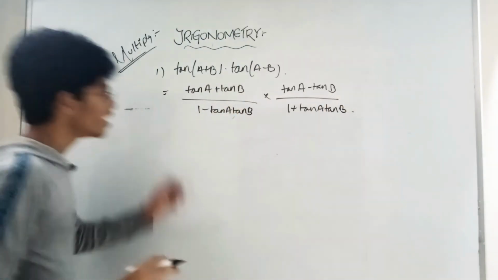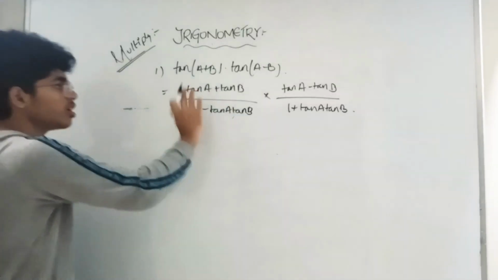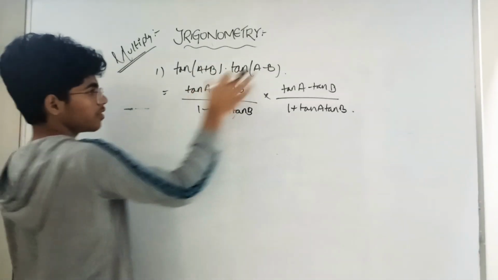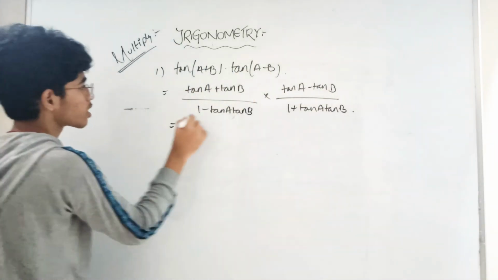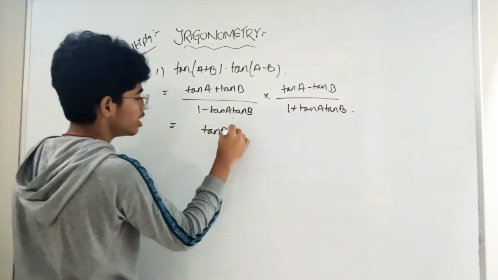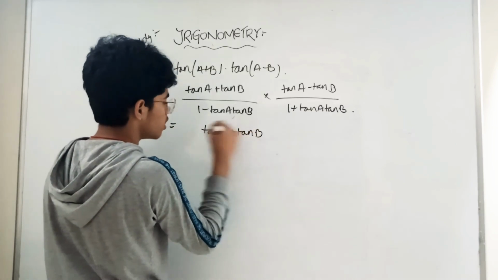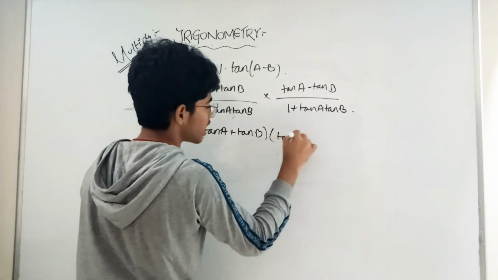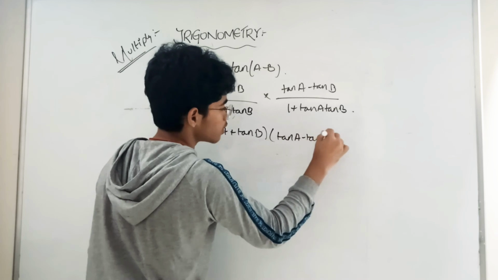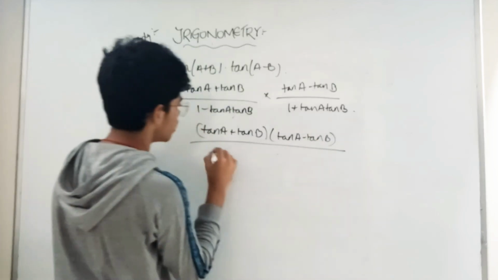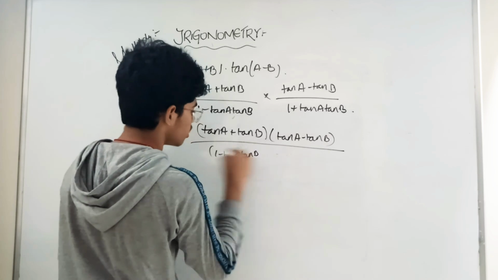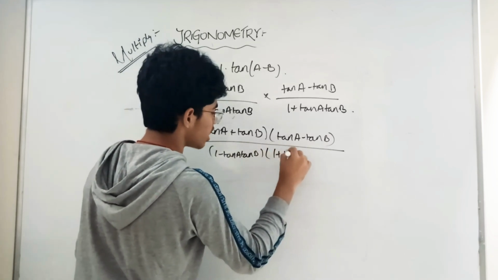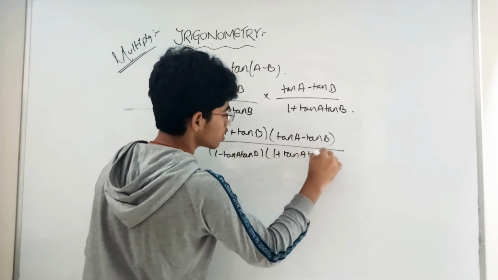So now, if we multiply this numerator with this numerator and this denominator with this denominator, we see that tan a plus tan b times tan a minus tan b, whole over 1 minus tan a tan b into 1 plus tan a tan b.